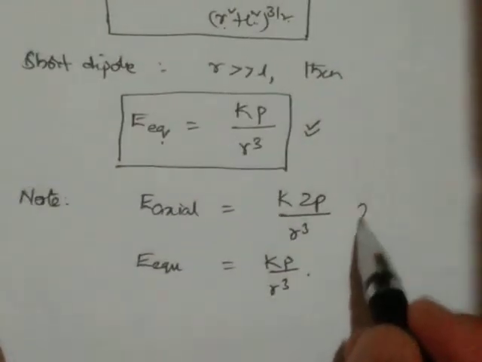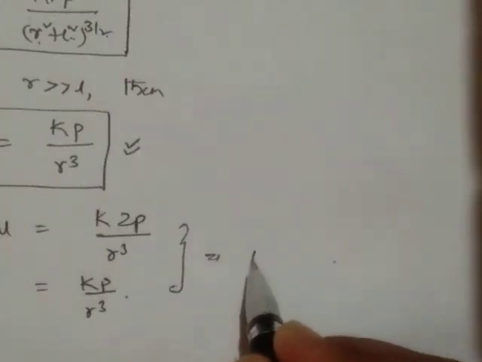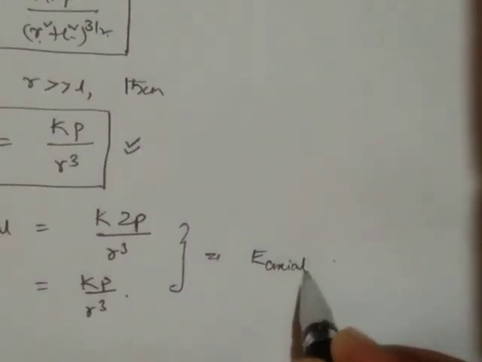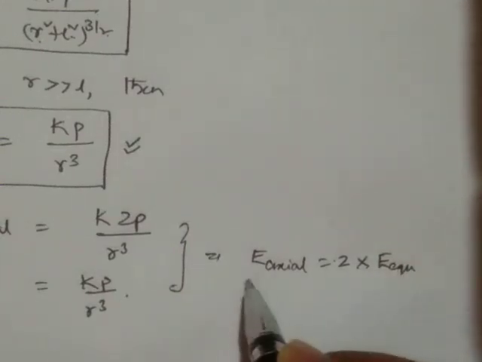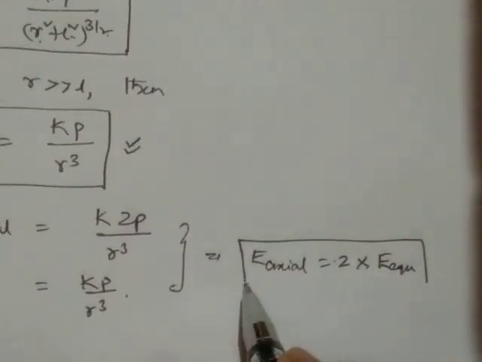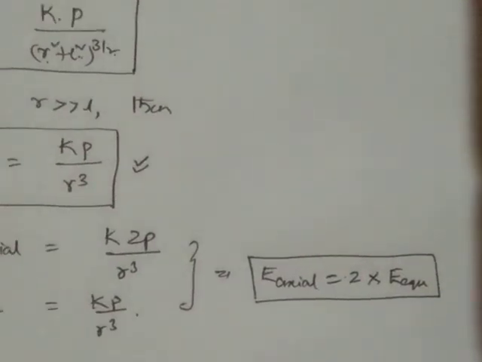So from these two we can write that E axial is equal to twice E equatorial. This is one more observation we can consider, right?